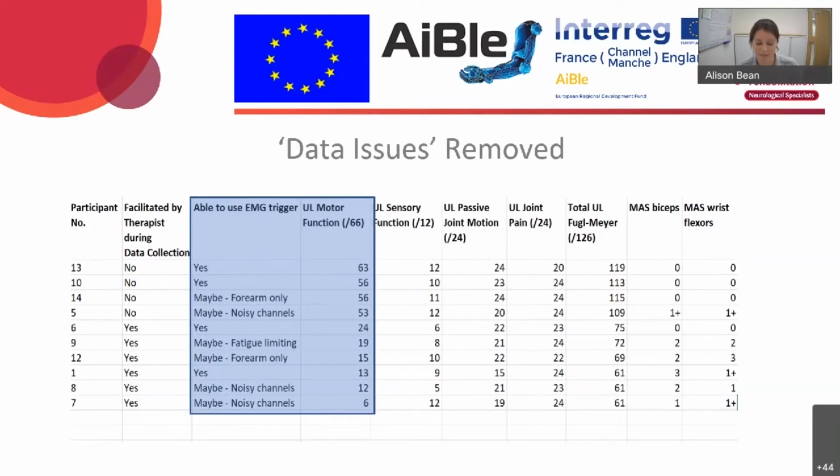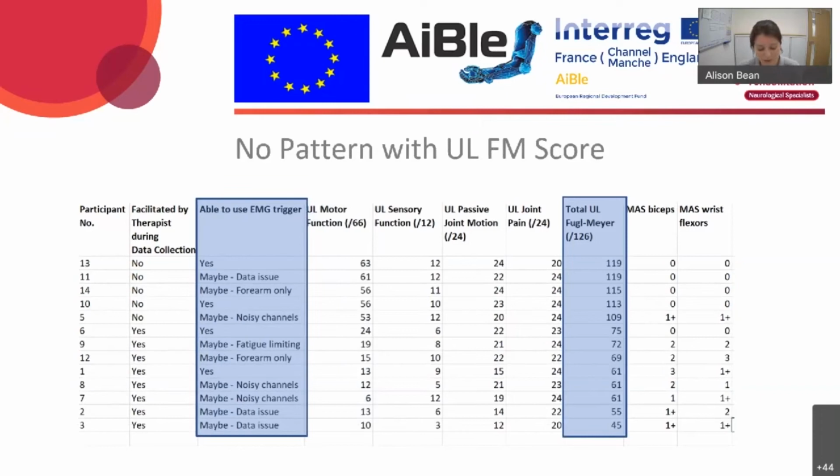Next slide, please. So we moved on to complete a further analysis, this time looking at the total upper limb Fugl-Meyer. And this allowed us to also explore influences of sensation, pain, joint range, and some of those other aspects, as Laura mentioned earlier, that all impact the ability to use the limb. But still, when we ordered it in this way, there was no connection with their ability to use an EMG trigger.